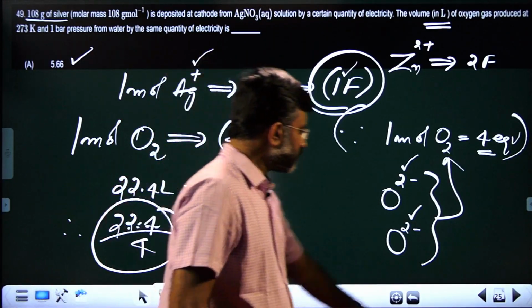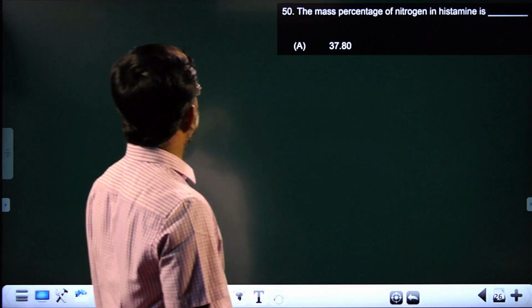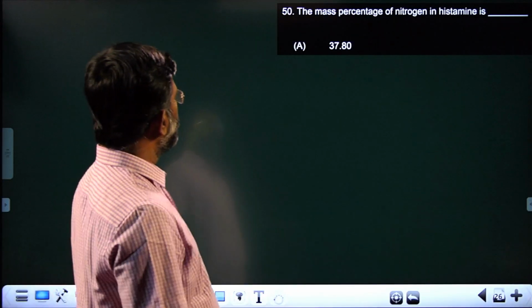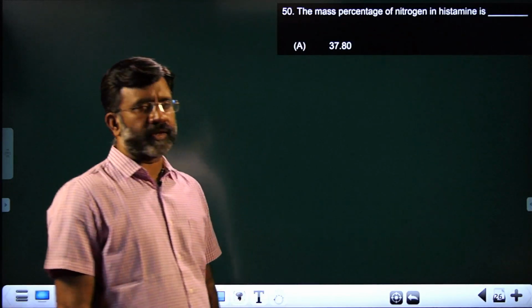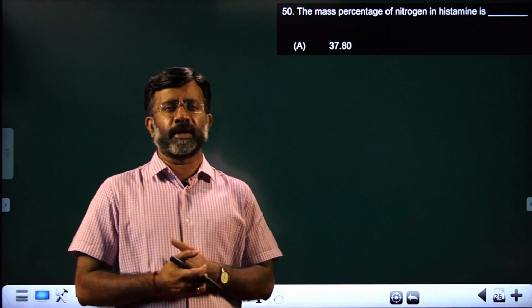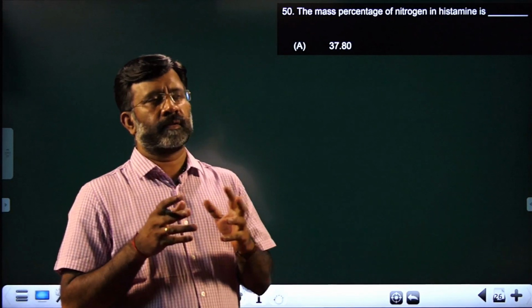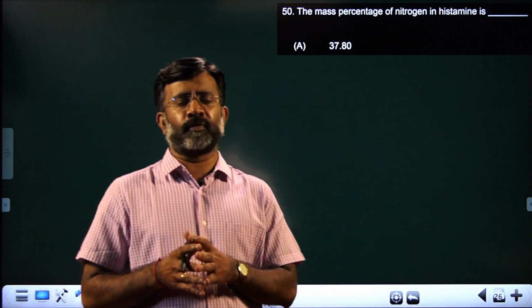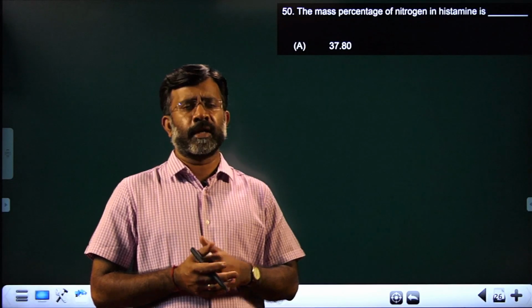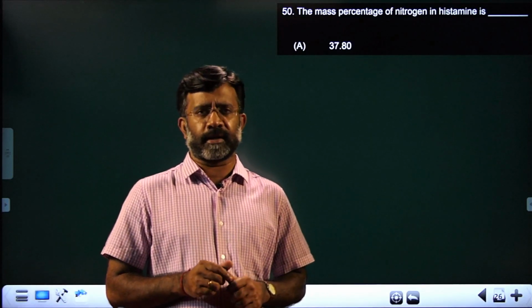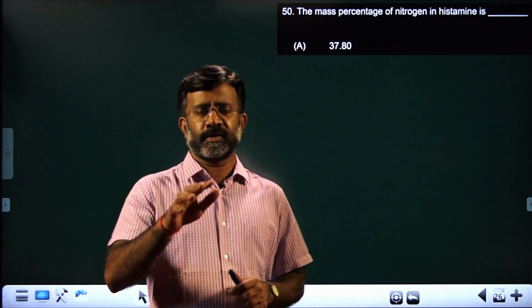Next question. That is the last question. The mass percentage of nitrogen in histamine is. See, this type of question we see in all sessions, in all the shift examinations conducted in JEE 2020.